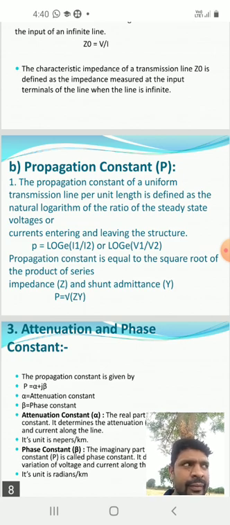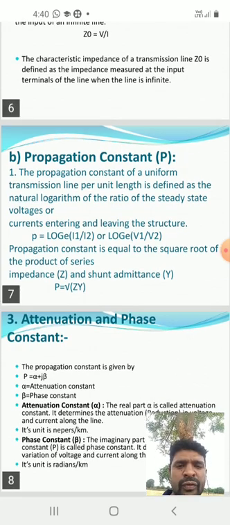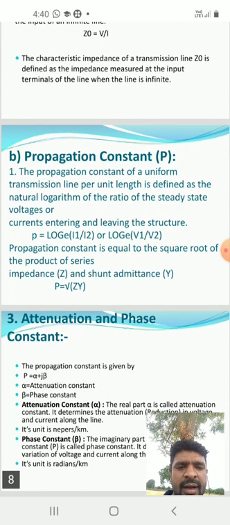That means in a transmission line we take the starting point as input and the leaving end as output.